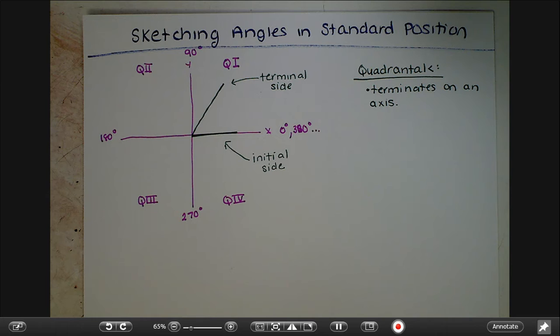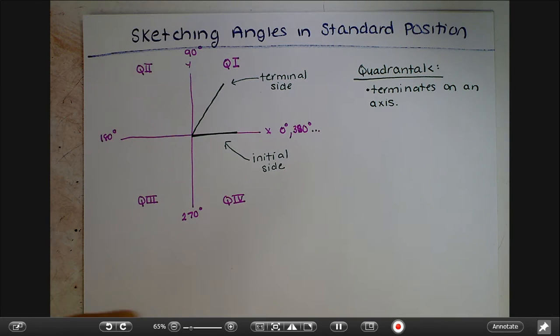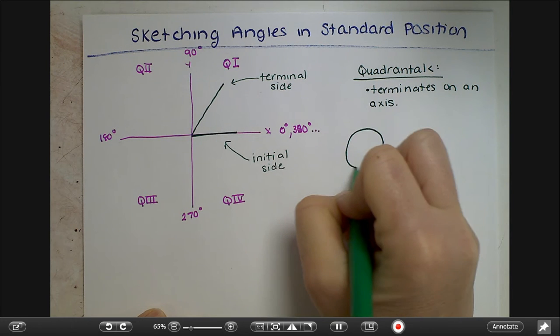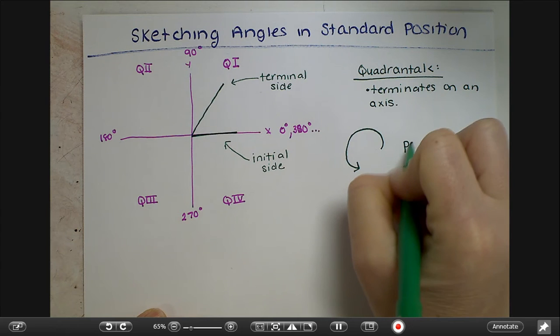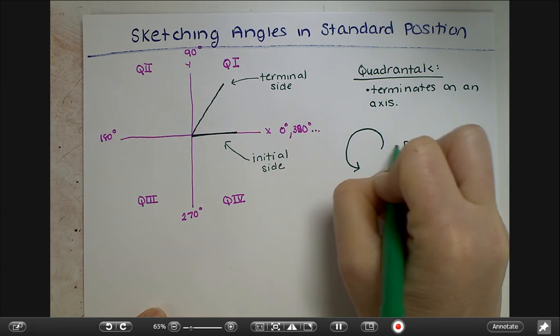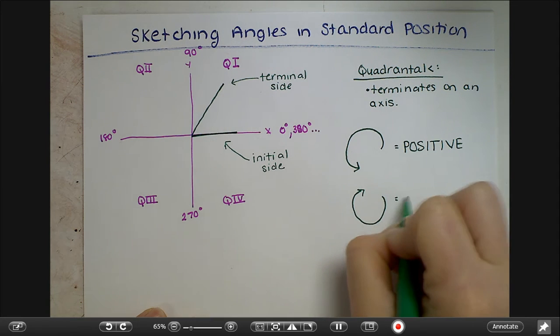So just in case you see the word quadrantal angles, that's what it means. So that would be a 90-degree angle, a 540-degree angle. All of those would be quadrantal. When we're drawing the angles, if we go in this direction, it's positive. If we go the other way, it's negative.